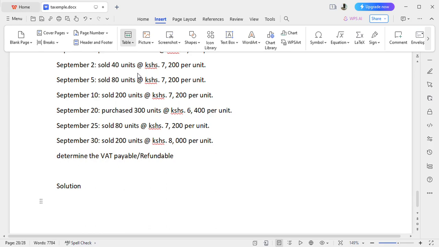So we have date, amount, then the VAT amount itself.